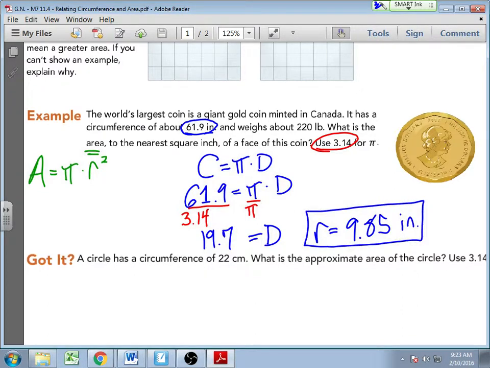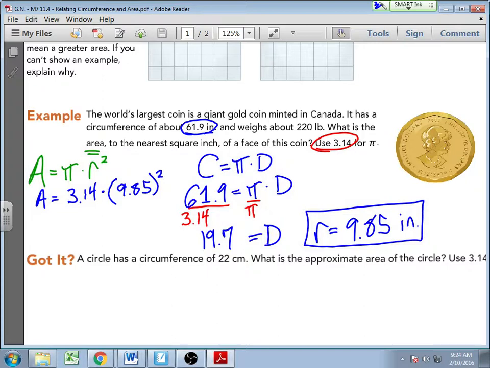Now that I know my radius, I come back to my area formula: area equals pi, which I'm going to replace with 3.14, times the radius squared, 9.85 squared. Do not think that you can use your diameter for the r squared. Remember, your diameter is 2 times r, very different than r squared.